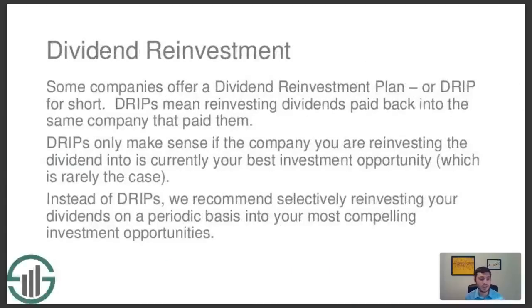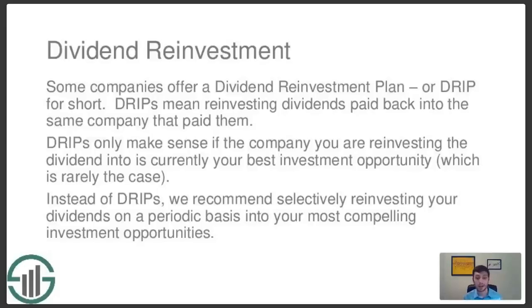Next, we're going to talk about dividend reinvestment. Some companies offer a dividend reinvestment plan, but since this is investing and finance, everything has an acronym. Here's DRIP for short. So DRIPs are reinvesting dividends back into the same company that paid them. So if a company has a share price of $100 and they pay $3 a year in dividends, you'd automatically take those $3 that were paid and buy more shares.